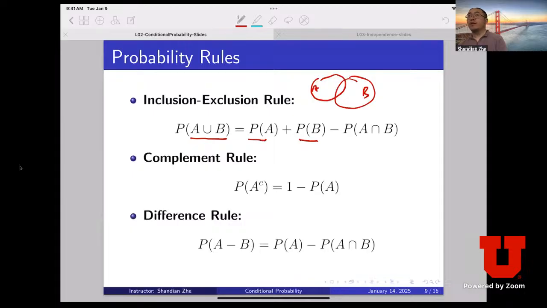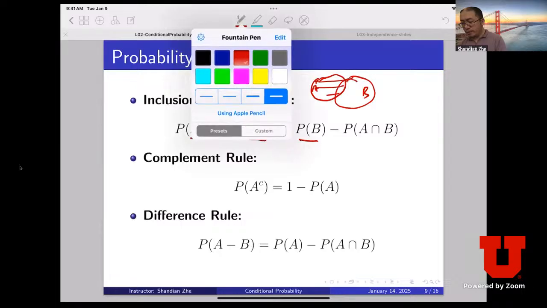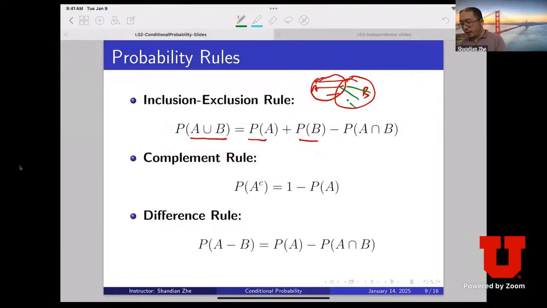Okay? We explain it in an intuitive way, like you can draw the Venn diagram, right? This is A and this is B, and the probability just calculates the area of those shapes. So probability of A union B is just the area of the shape after you merge A and B. And it is equal to, you look at area of A only, you look at the area of B solely, and of course, when you add them together, you kind of add the overlapping part twice, right?